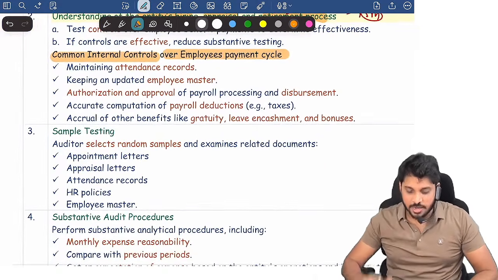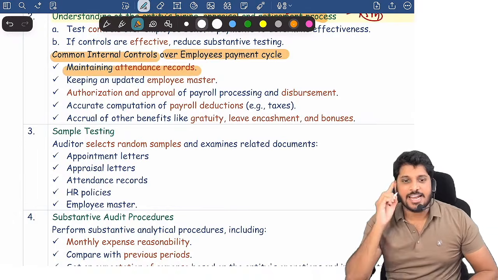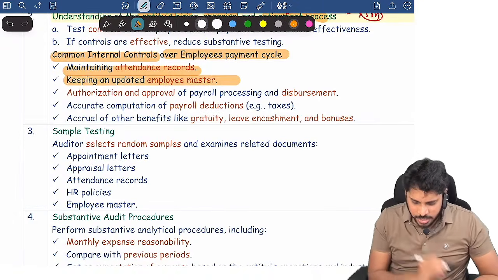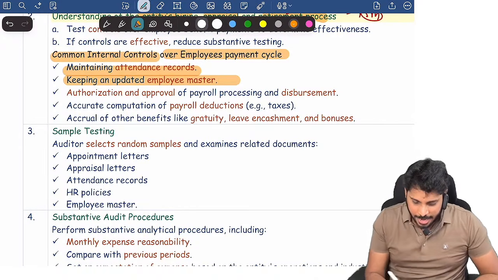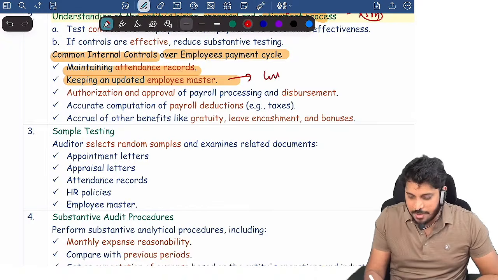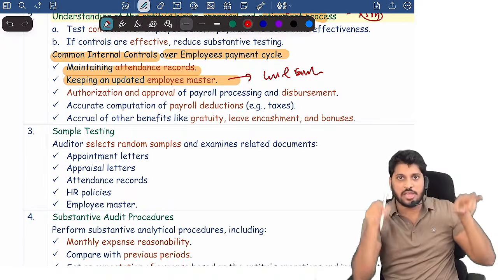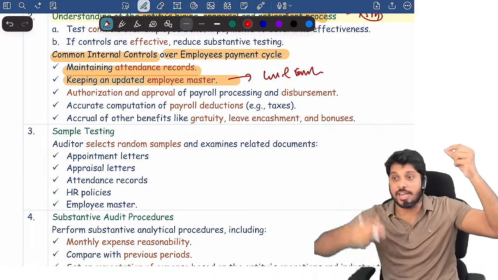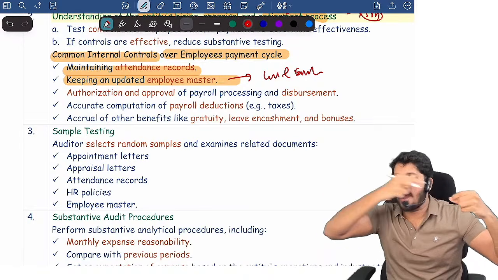What do you mean by internal control system for employee payment cycle? There must be attendance record, and you must keep an up-to-date employee master. Employee master means what? It's a list of employees. Whenever a new employee joins, we have an employee master, a list of all the employees who joined this organization, date of joining, who is the employee, his Aadhaar number, his PAN number, his date of birth, his age, everything will be recorded.